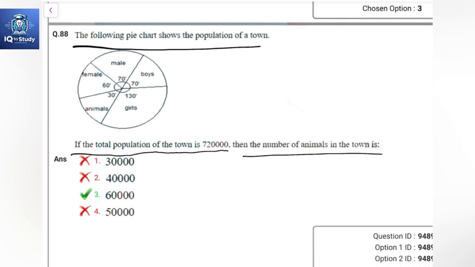According to the question, animals are 30 degrees.